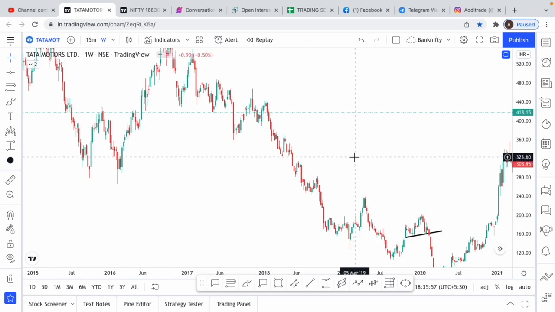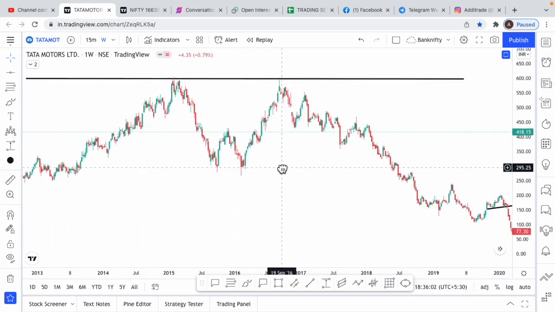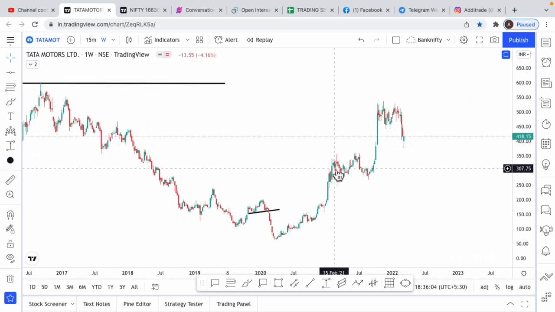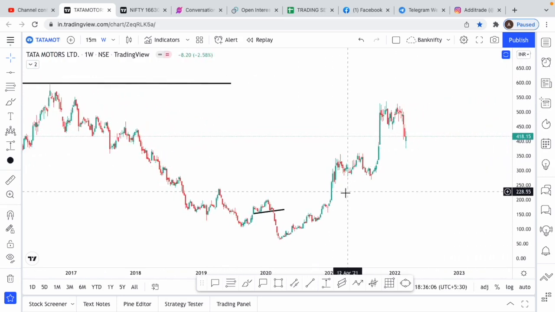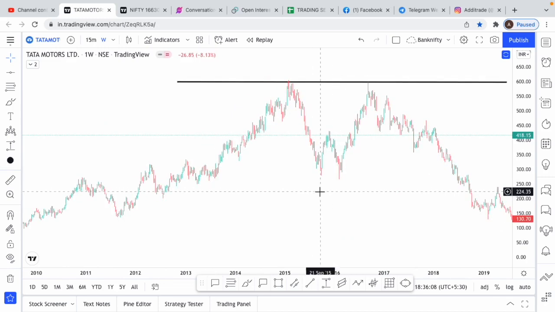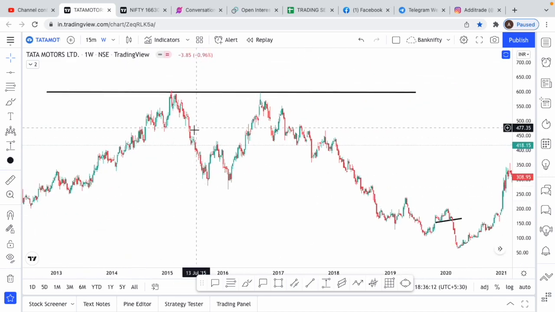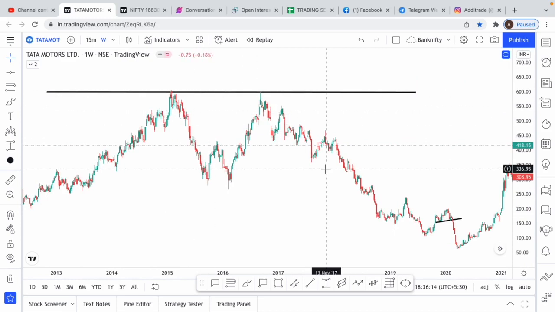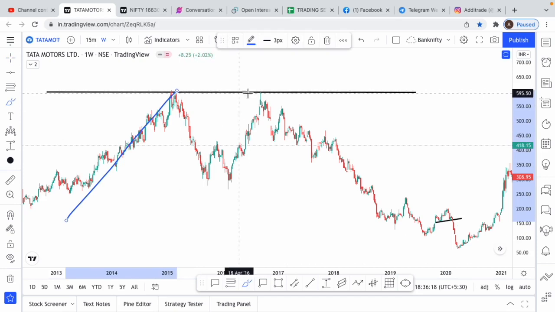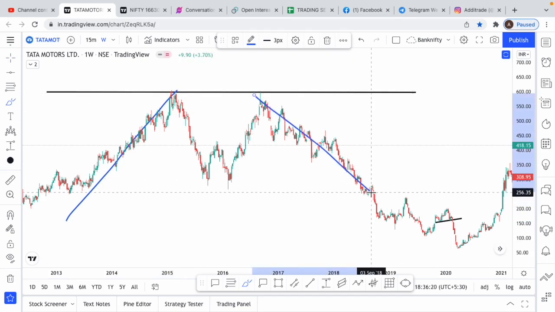Why I didn't trade this is because I don't trade in stock options. It's only futures I trade in, or equity investment. See, for equity investment we don't look for the bullish to bearish reversal, right? This was a bullish to bearish reversal. So when you want to buy for equity investment, you don't look at this chart pattern.